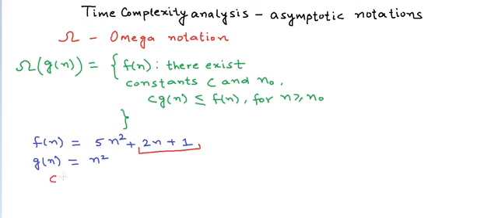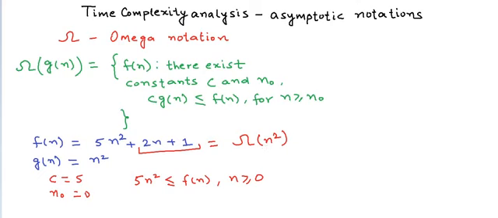So if we have c equal to 5 and n naught equal to 0, then clearly 5n square is less than or equal to f(n) for all n greater than or equal to 0. So we can say that f(n) is omega of n square.